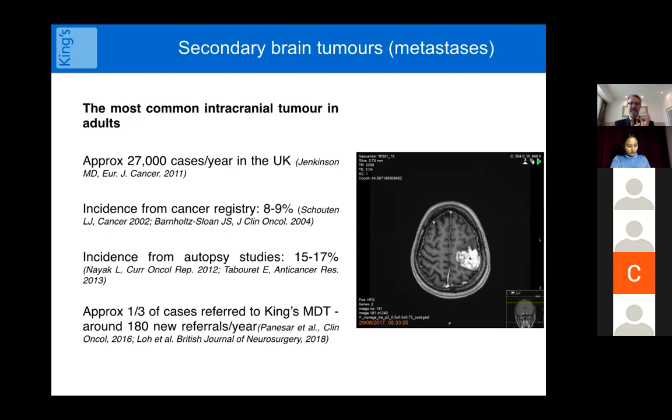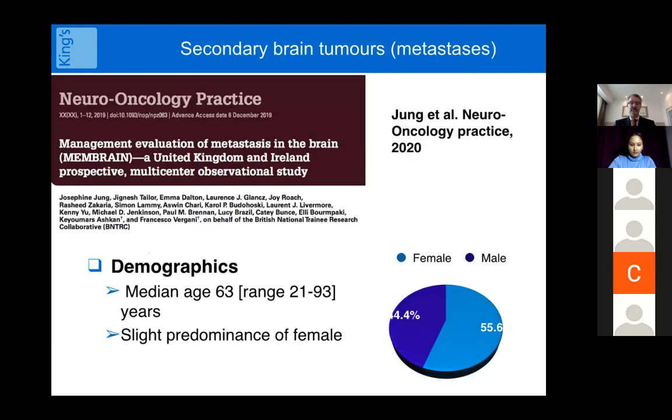And the incidence changes whether you look at cancer registry or post-mortem studies, being higher usually at the time of autopsy. So post-mortem, you can see a higher incidence of these secondary tumors that are not even diagnosed. And they constitute a large part of our work as neuro-oncology surgeons, being 1 in 3 cases referred to us being one of these metastases, so secondary tumor.